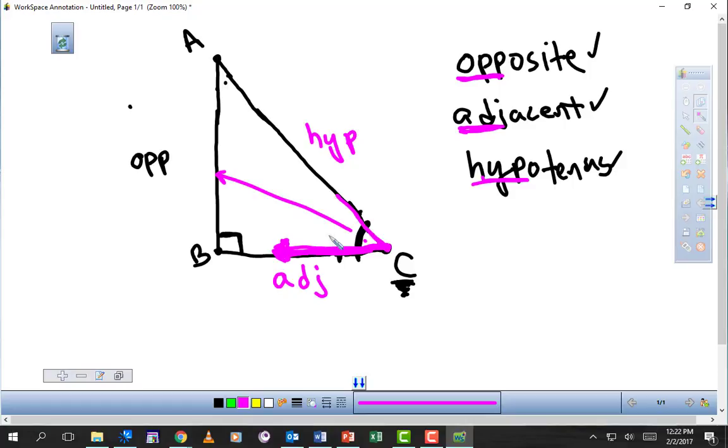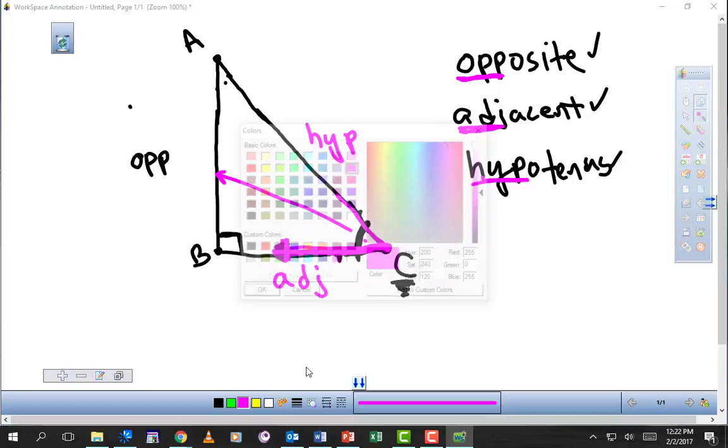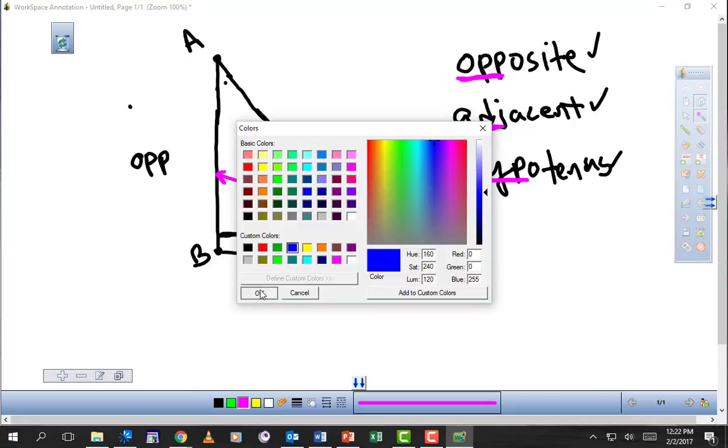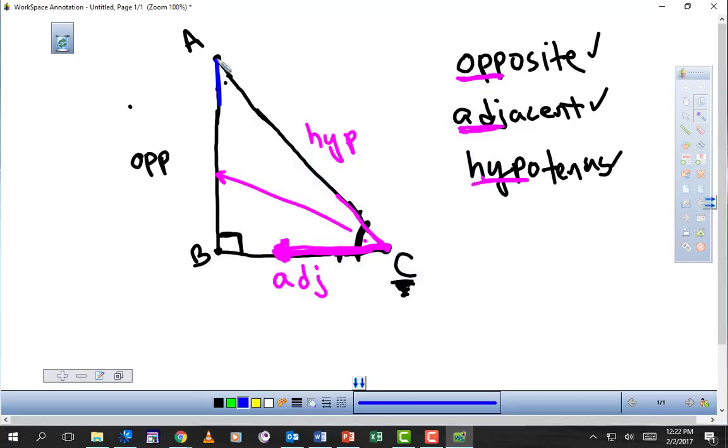Now here's where it gets tricky. I'm going to use a different color now on purpose. If we're talking about angle A, then we have to label things a little differently. In this case, angle A is looking at this side over here and saying, that's not the adjacent side, that's the opposite side.